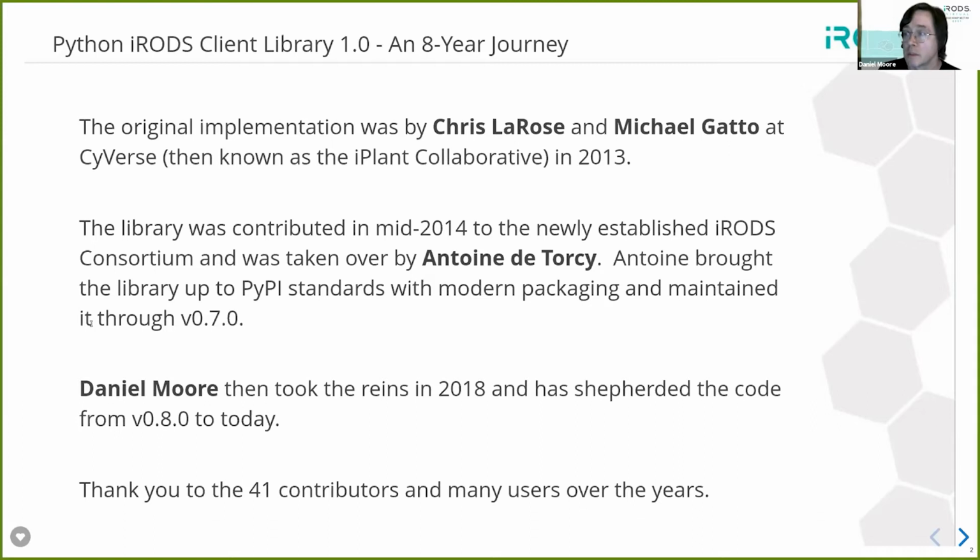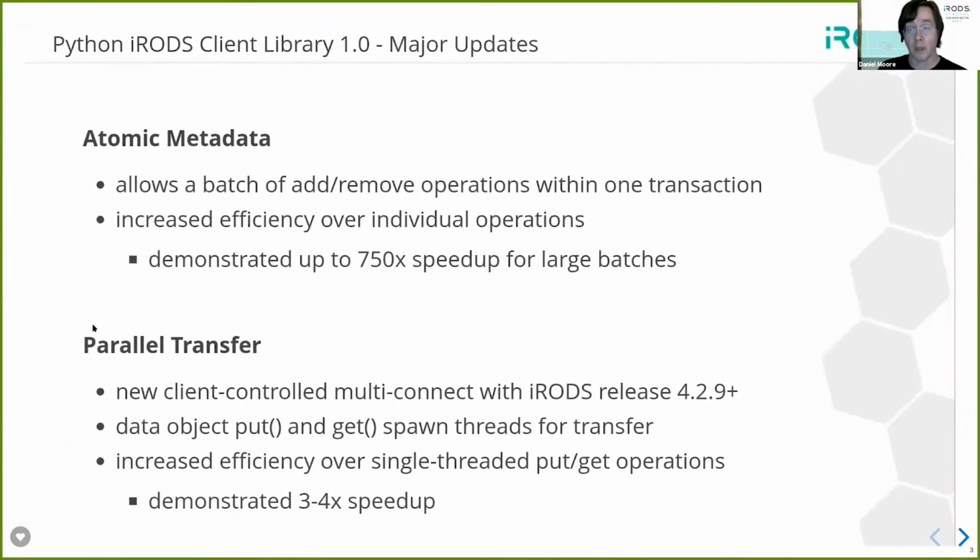Let's look at those right off. Atomic metadata is a new capability with, I believe, the last release, 4.2.8. It allows you to put in batch form, in one transaction with the server and then also with the database, a whole bunch of add and remove operations, each of which will add or remove an AVU from an object in the catalog.